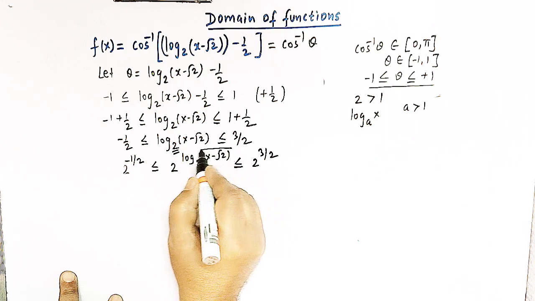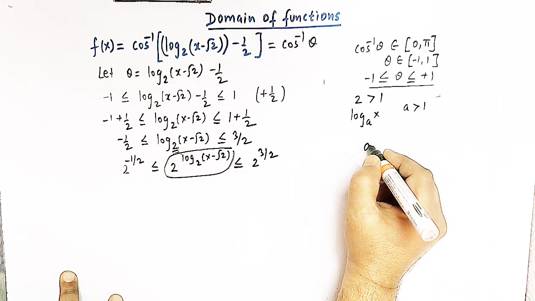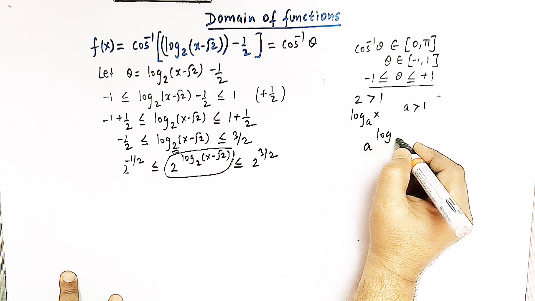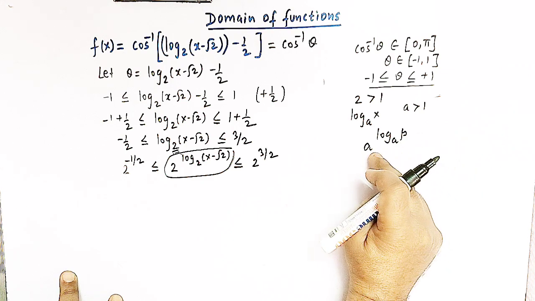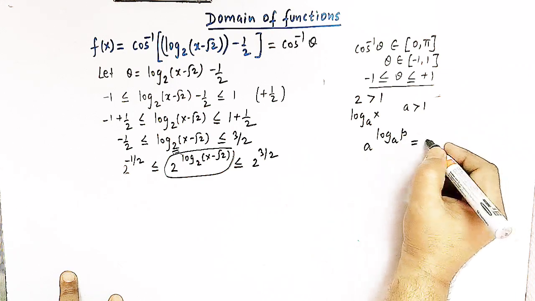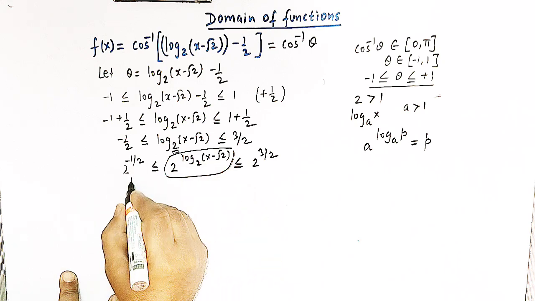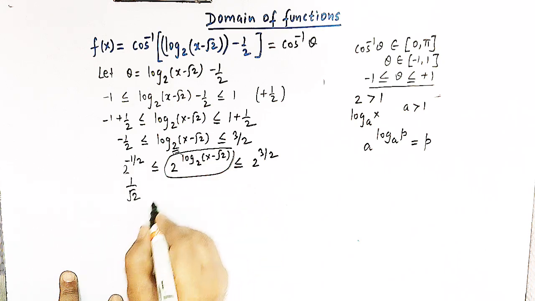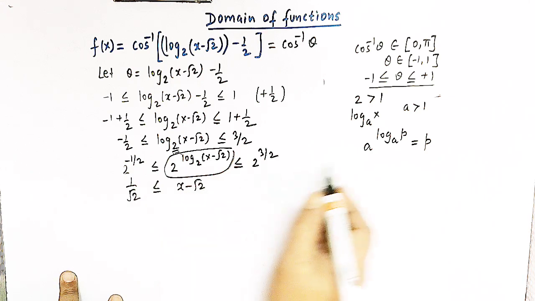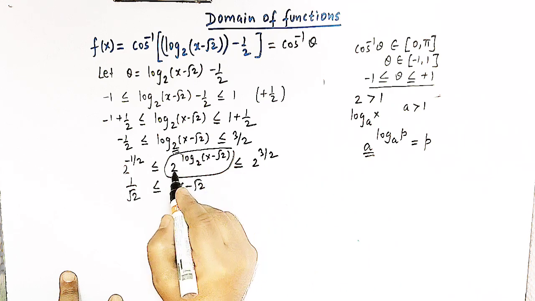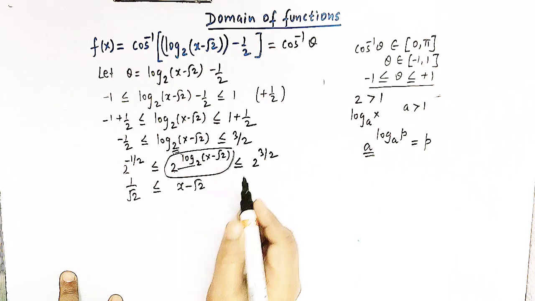Now let us see this expression. It is of the form a raised to log of p to the base a, and we know that the value of this expression is equal to p. So we have 2 raised to minus half, which is 1 over square root of 2, and here we have simply x minus root 2, because the value of a is 2 and the value of p is x minus square root of 2.